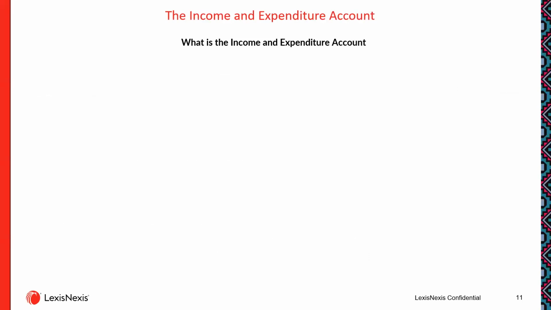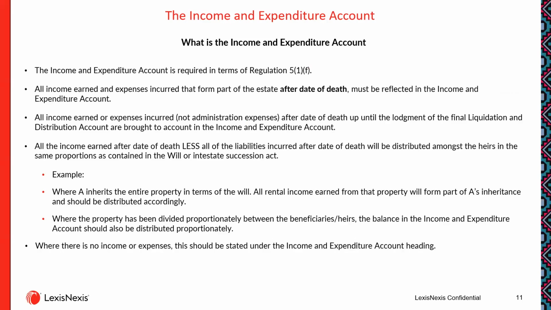So now that we have a better understanding of our distribution account, we can have a look at our income and expenditure account. So in our liquidation account, we've dealt with all of our assets up until date of death. In our recapitulation statement, we've dealt with all of our cash assets.